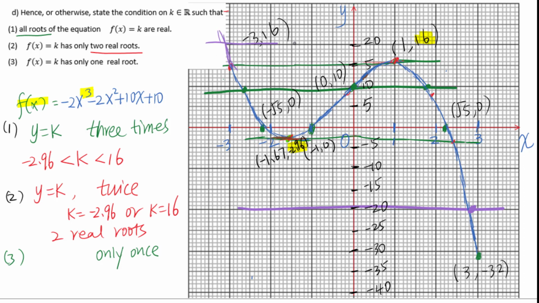If I draw a line like this, only one intersection. So when k is less than negative 2.96 or k is greater than 16, f of x equals k has only one real root.